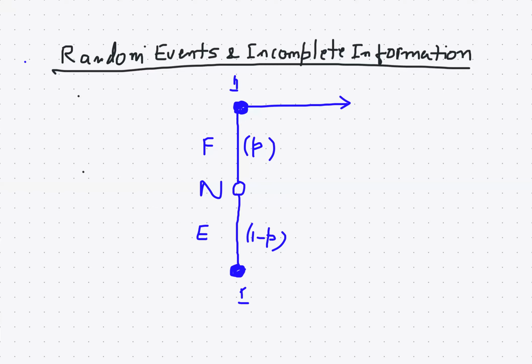Player one gives a gift as a friend to player two, and at the bottom node, player one gives a gift to player two as an enemy. At both nodes, the other strategy player one has is to not give a gift, either as a friend type or as an enemy type.